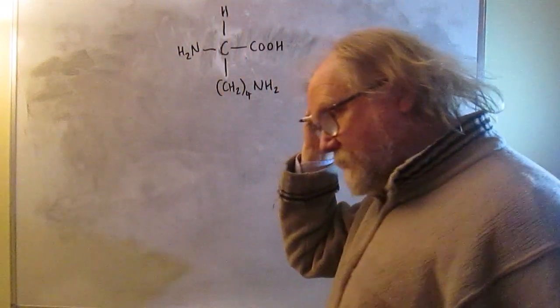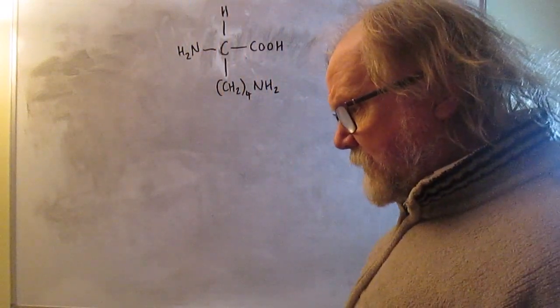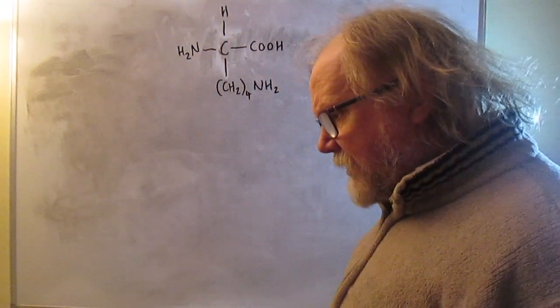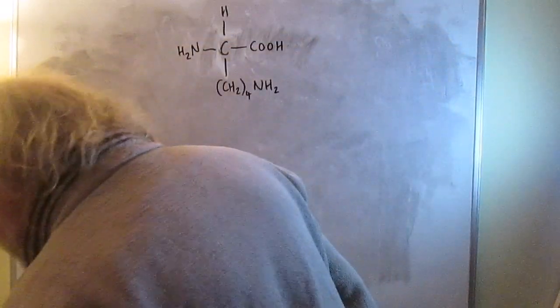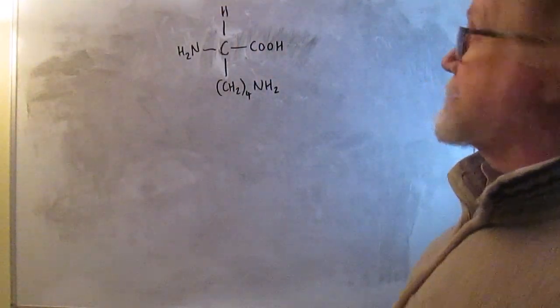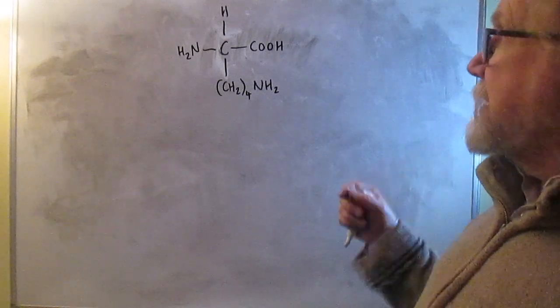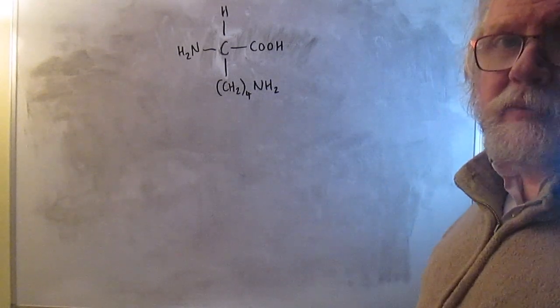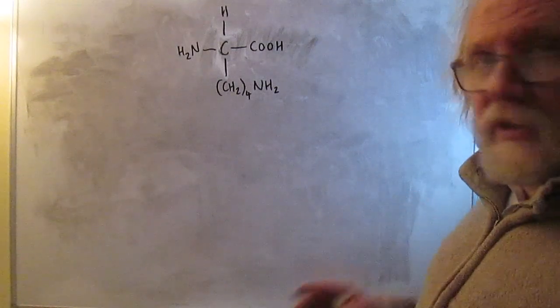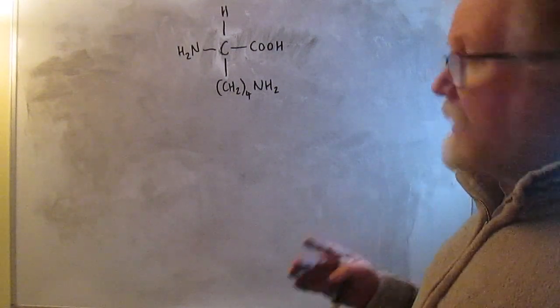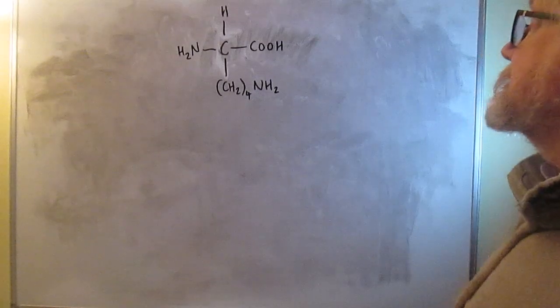Okay, so that's your starting amino acid, and it's asking what happens if you react that with excess dilute hydrochloric acid. It's the third time in this paper we've had this idea of excess, that it's going to react more than once. If you're not picking up on that clue, you could lose a lot of marks, because it usually implies that it's reacting more than once.